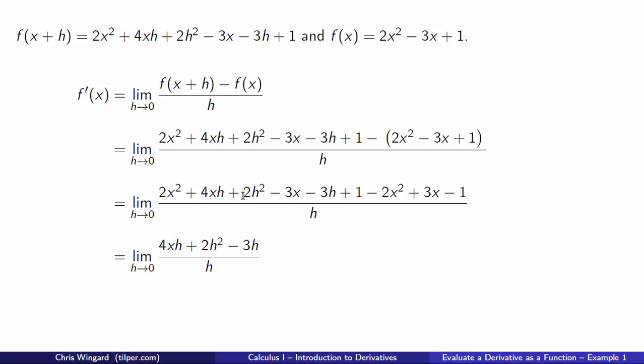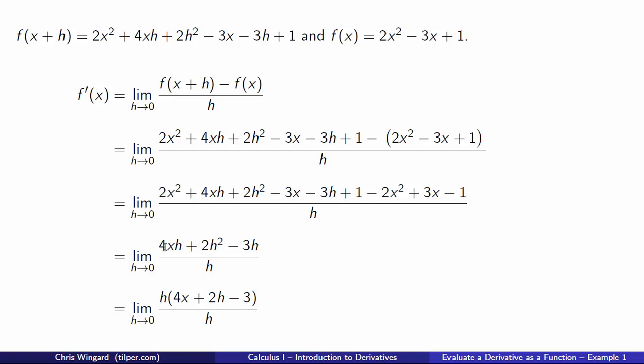Plus 2h squared also combines with nothing, so we have a plus 2h squared there. Minus 3x plus 3x, those cancel. Minus 3h combines with nothing, so we still have a minus 3h. And then plus 1 minus 1, those cancel. So in the numerator, we just have 4xh plus 2h squared minus 3h, and that's all divided by h. And we're still taking the limit of everything as h goes to 0.